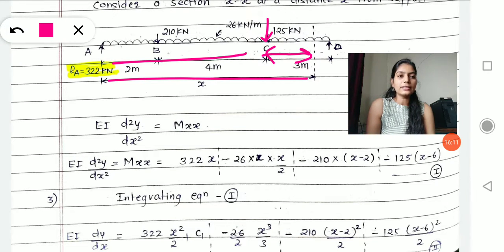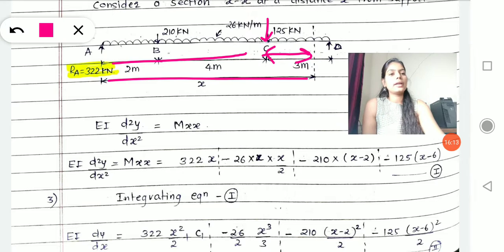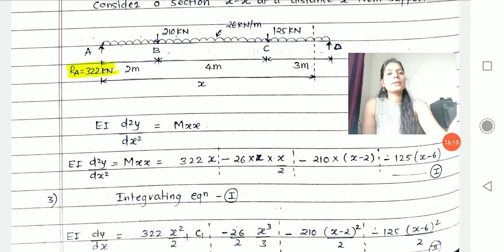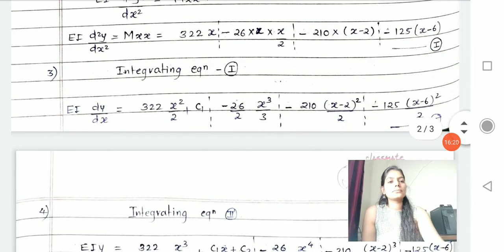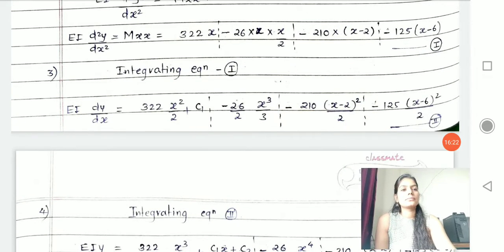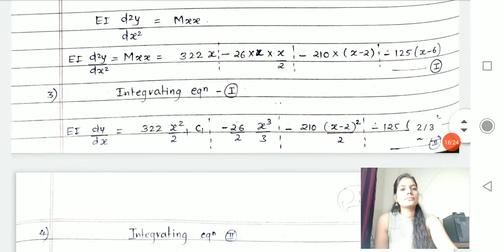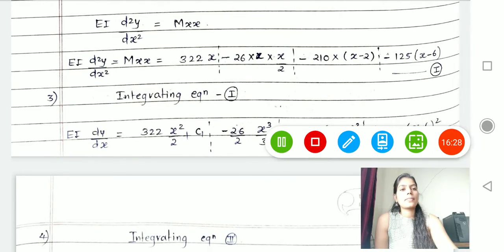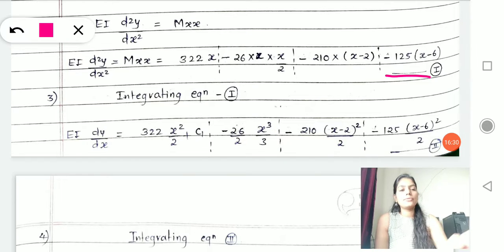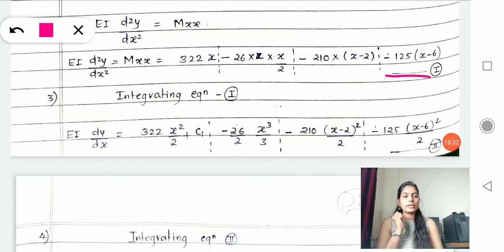So that's how I wrote here. So here our first equation is developed.